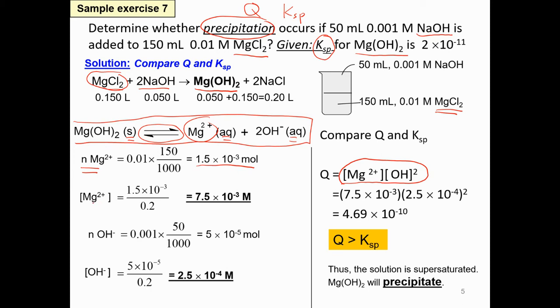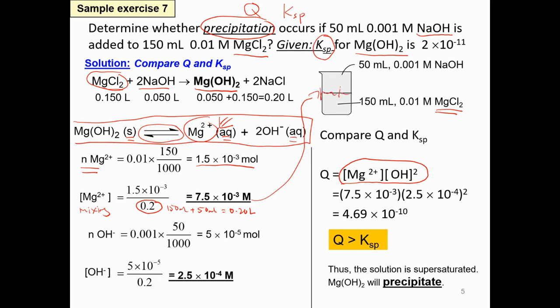Then for this Mg2+, we want to find out the concentration now, when mixing both solutions. Thus, the volume of solution is no longer 150. It is 150 mL plus 50 mL, so we get 0.2 liter. So this is the concentration when it is mixed.